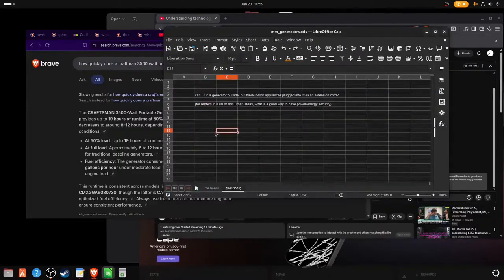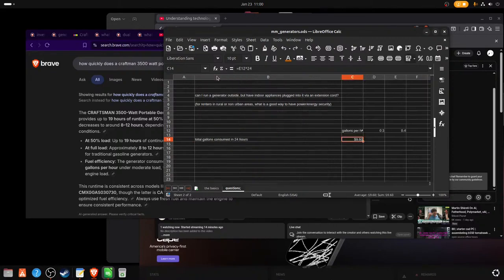So let's say gallons per hour, 0.3, 0.4. And let's just do equals this times 24, total gallons consumed in 24 hours. 9.6. I didn't mean to do a money symbol.